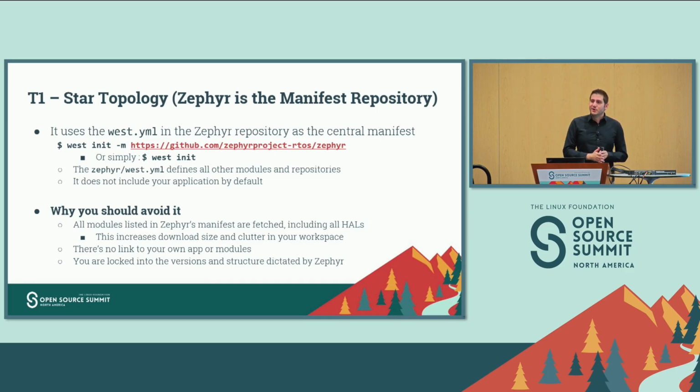You're going to fetch hundreds of megabytes, if not a couple of gigabytes, only for the different HALs that you're not going to use in any way. And this will increase the download size and also will add some confusion, because you're going to add a few things to your project that you're not going to use, and if there's something wrong over there, it is going to break everything.